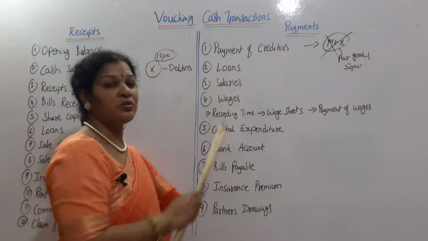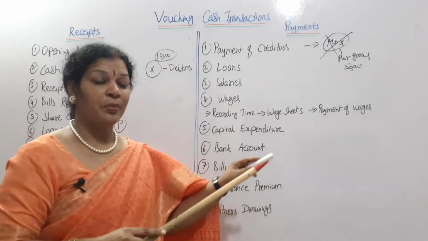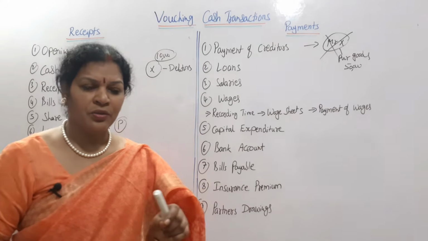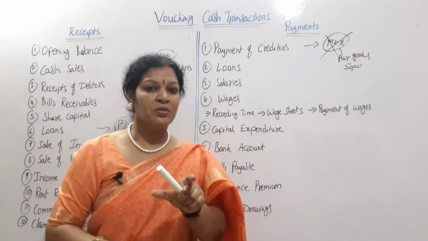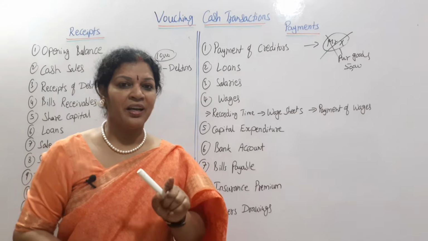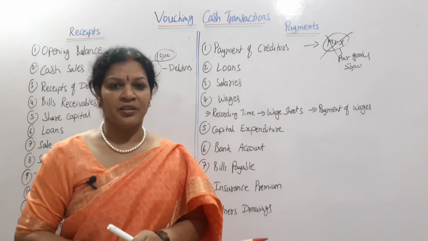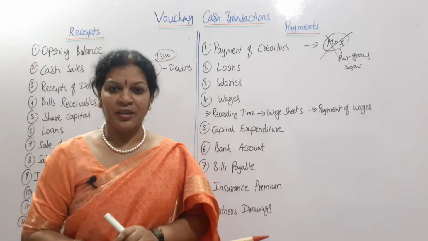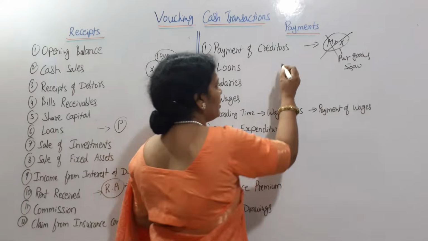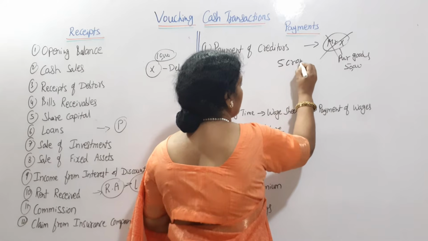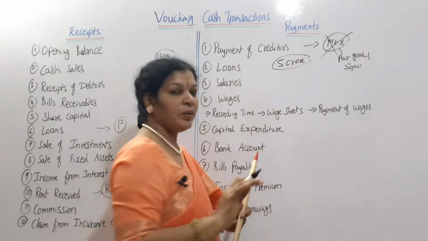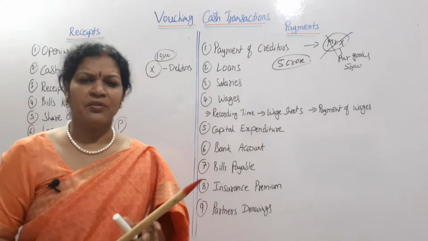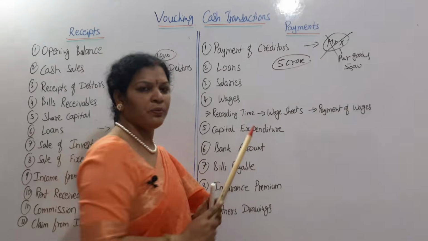In the same way, next is loans. Loans come on the payment side, meaning you have taken a loan. So the loans register and loan documents will be there, which have to be observed by the auditor. How much loan has the company taken? Say the company has taken 5 crores. Now the company has to pay off this loan, some amount or the full amount. If the company pays 1 crore out of 5 crore, the payment here is 1 crore.